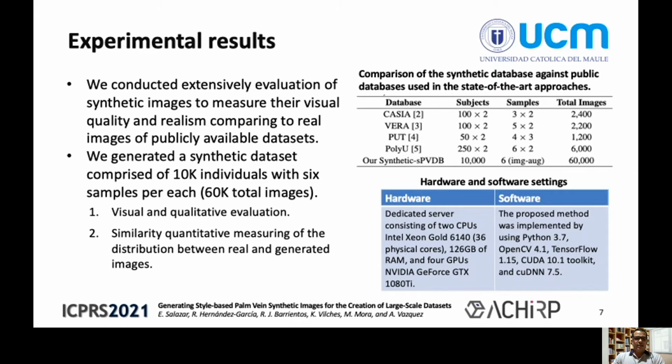So we conducted an extensive evaluation of the synthetic images to measure their visual quality and relevance, comparing to real images of publicly available datasets. The proposed dataset is the largest of the state of the art, being 20 times larger in the number of individuals and 10 times larger in the total number of samples compared with the biggest one now, the PolyU dataset.